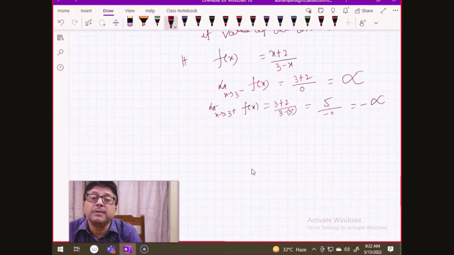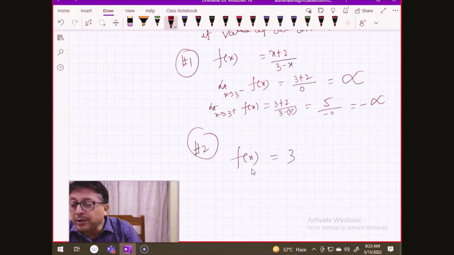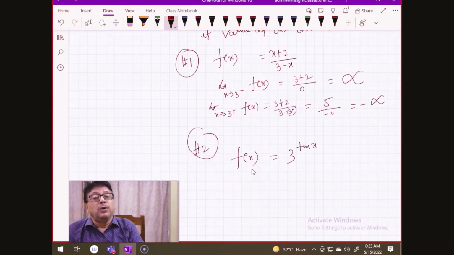Okay. Now let us see another example. This is problem 1. Problem 2: f(x) equal to 3 to the power tan x. Does it have infinite discontinuity? Yes, it has infinite discontinuity, at pi by 2.